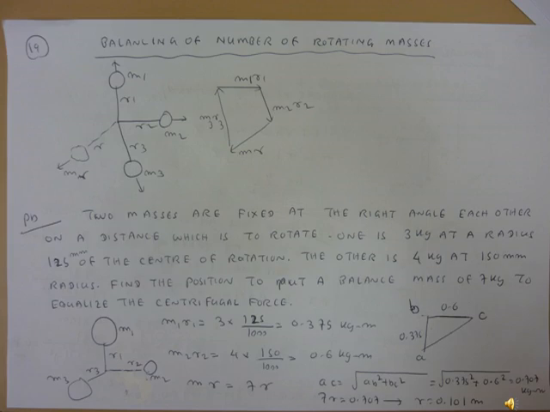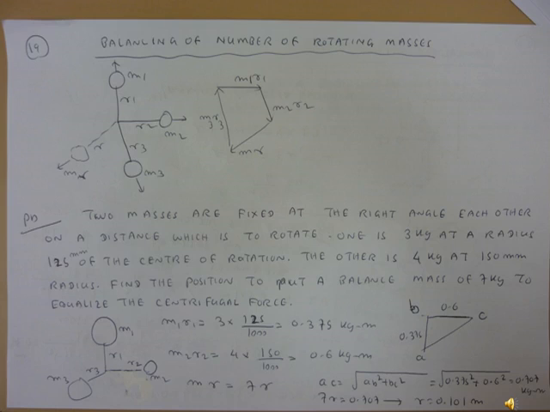The next topic will be the balancing of a number of rotating masses. In this case, you can see the mass M1, mass M2, mass M3, and the mass MR rotating. The M1 mass is located at R1 distance from the center, M2 mass is located at R2 distance from the center, M3 mass is located at R3 distance from the center, and the MR mass is located at R distance from the center.